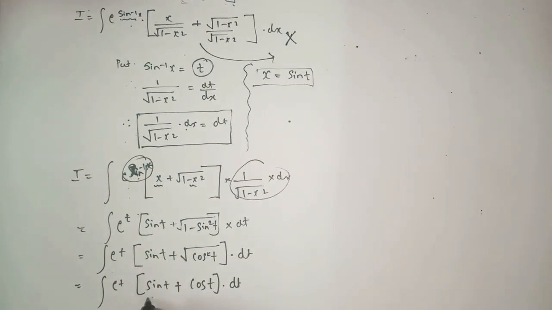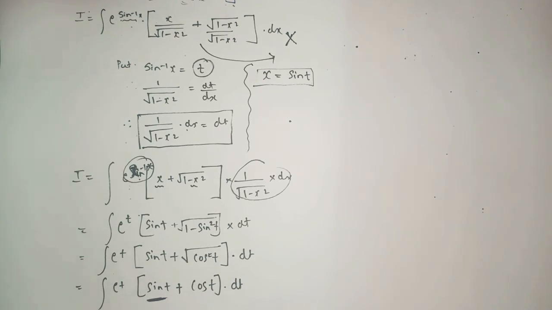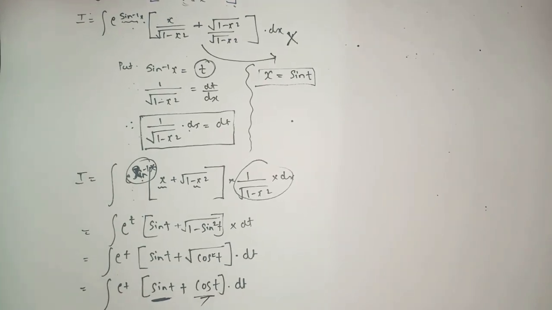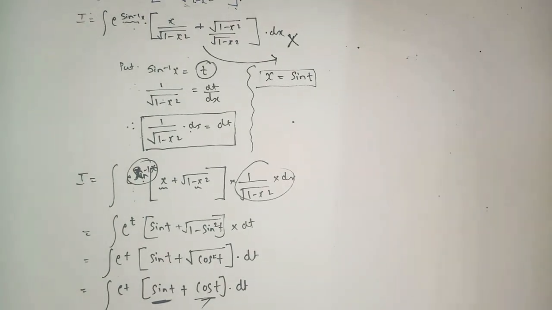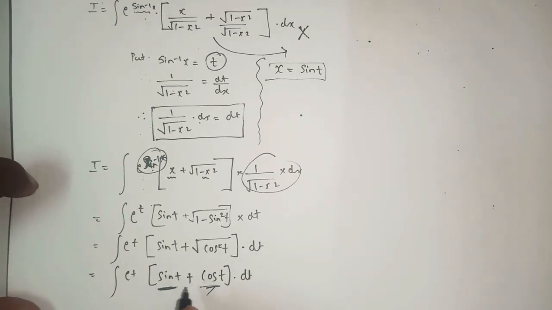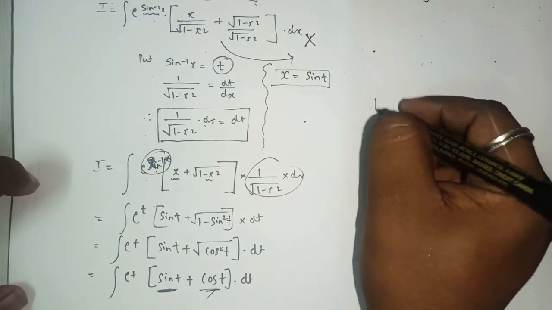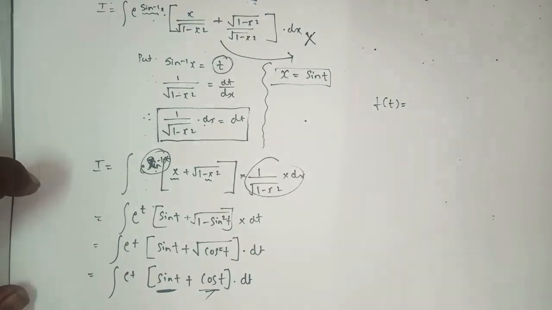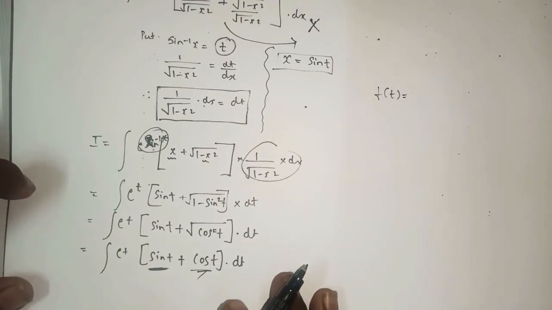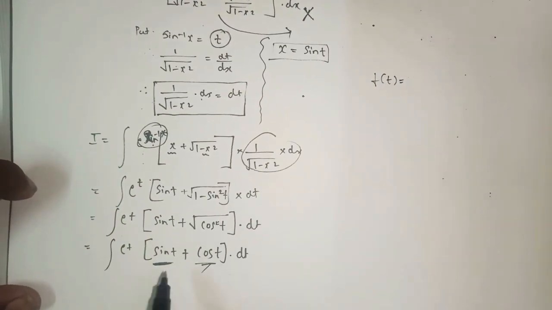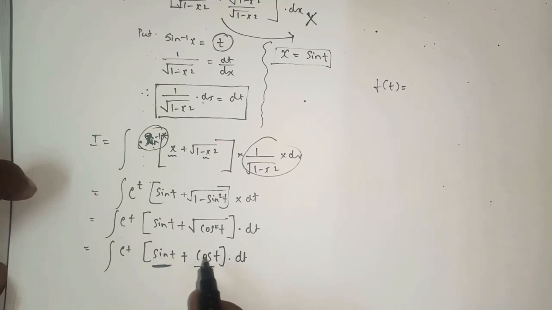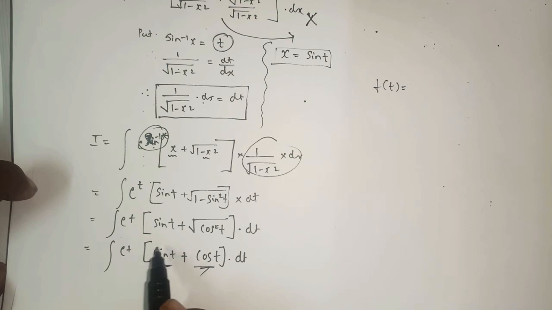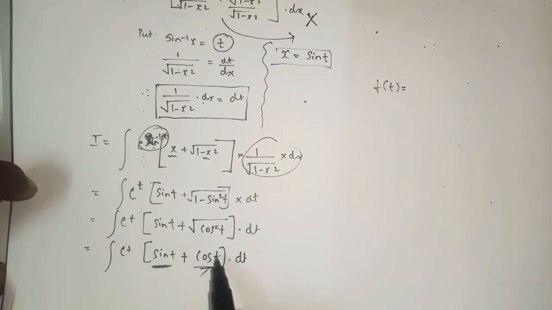So we'll consider this section as f of x and this part as f dash x. But here we have the alphabet t, so we'll consider f of t. First check whether the derivative of sine is correct or the derivative of cos is correct. Derivative of sine is cos, and derivative of cos is minus sine. So here we don't have the minus sign. So we'll consider this as f of t and this as f dash t.